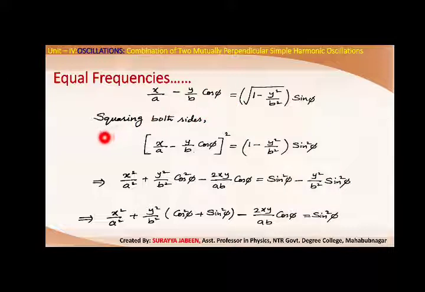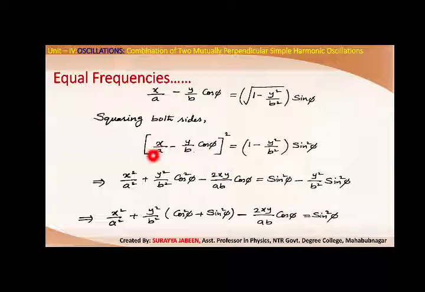Now we have to square on both sides. So squaring the above equation, the root will go, and we get 1 minus y square by b square, times sine square phi. Now we have to open the left side like (a minus b) square, so a square plus b square minus 2ab.